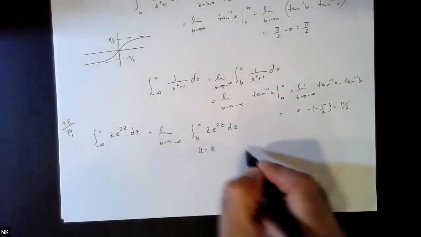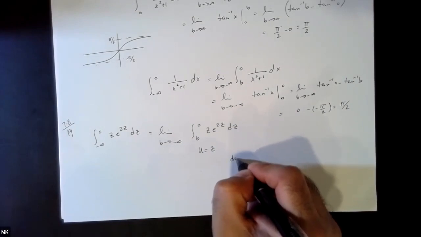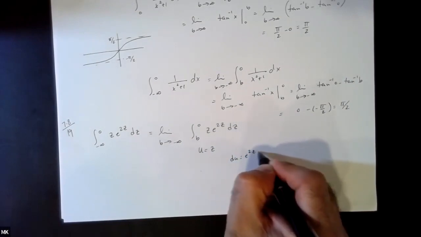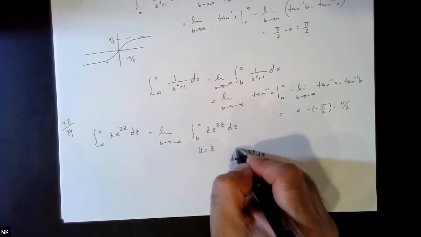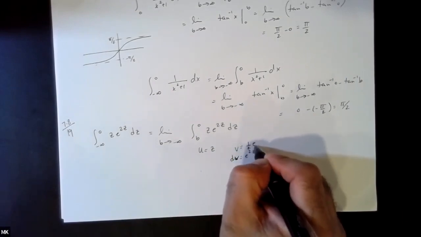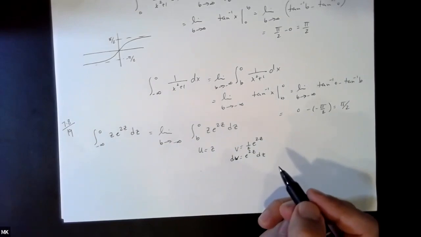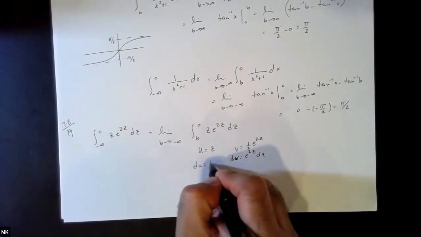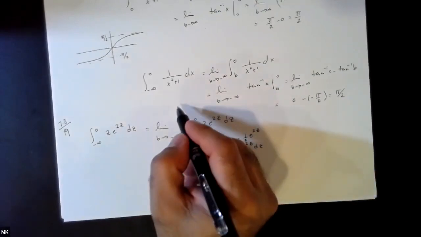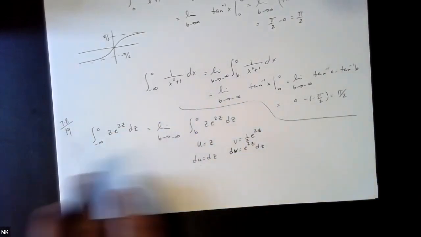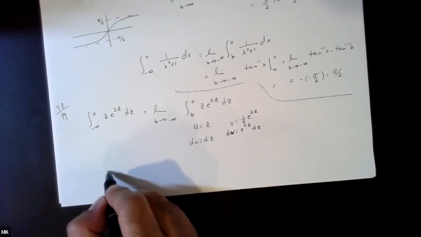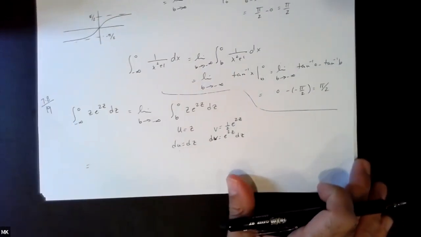I'm going to let u be z, dv to be e to the 2z dz, so v would be 1 over 2 e to the 2z, and du is dz. As I said, you just treat this as a definite integral and apply the process to it. But remember, the limit should apply to the whole thing.